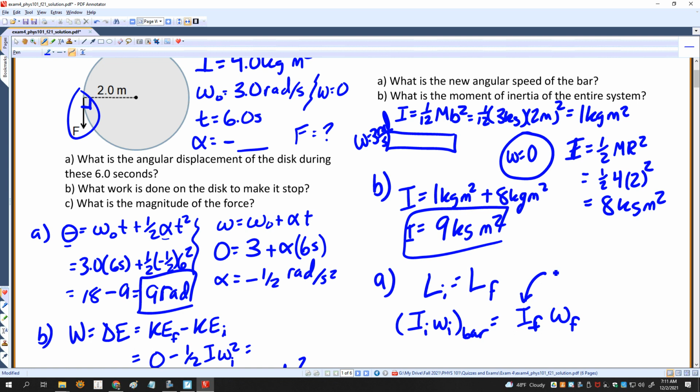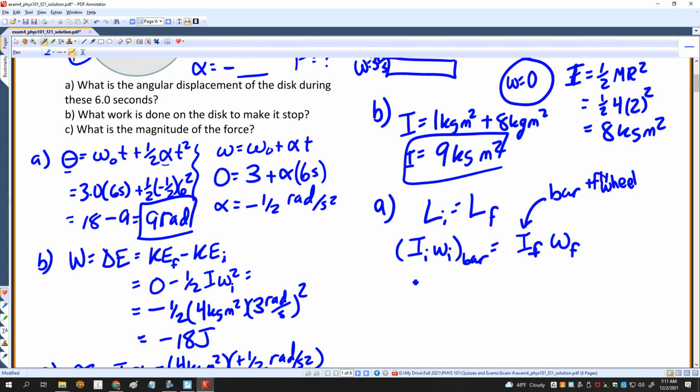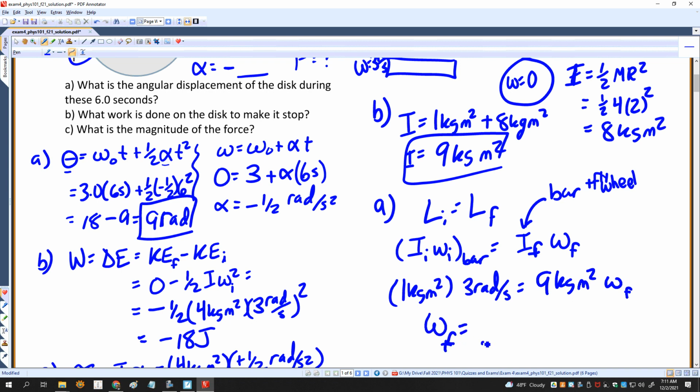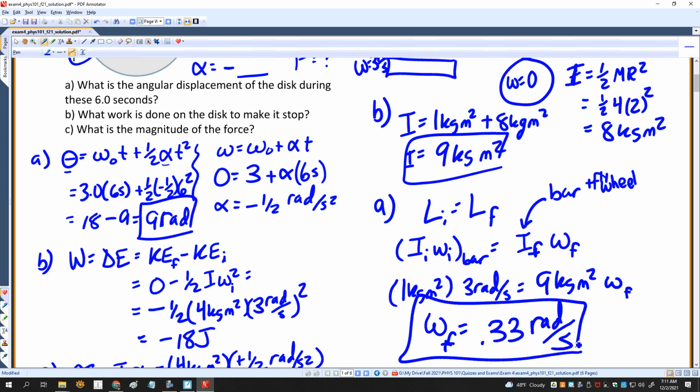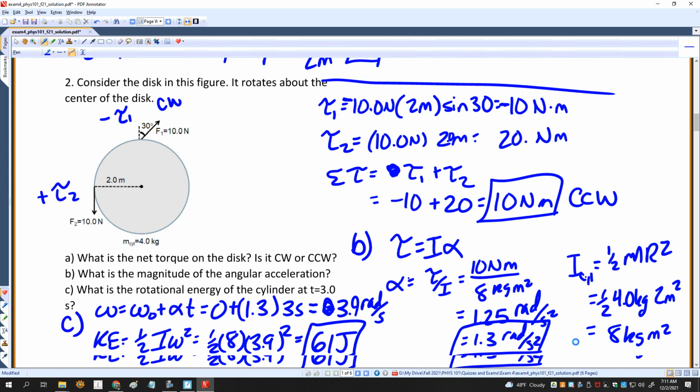But this I final includes the bar and the flywheel, which is a disc. Okay. So this is 1 kilogram meter squared times 3 radians per second is equal to 9 kilogram meter squared times omega final. So omega final is 3/9, or 0.33 radians per second. So that's the answer for that one. That was a conservation of momentum problem.